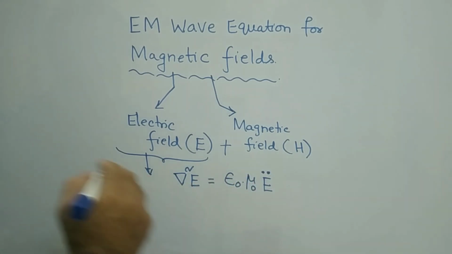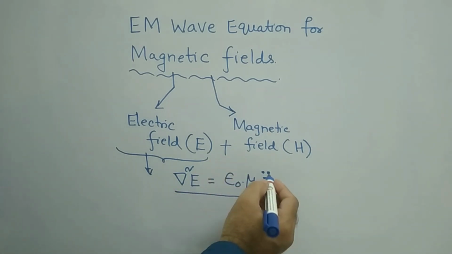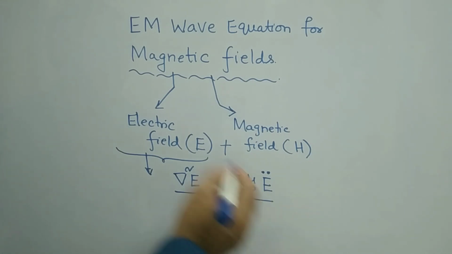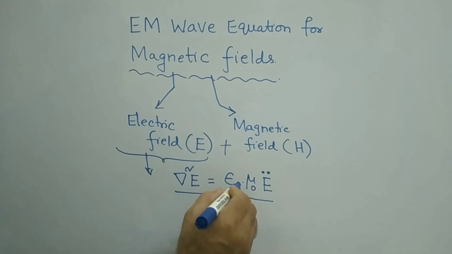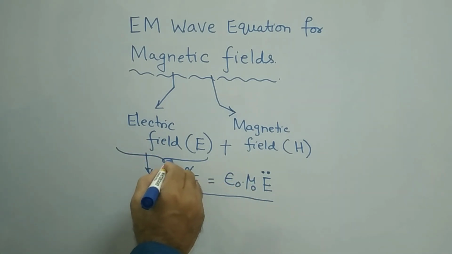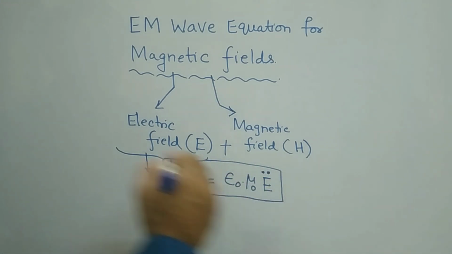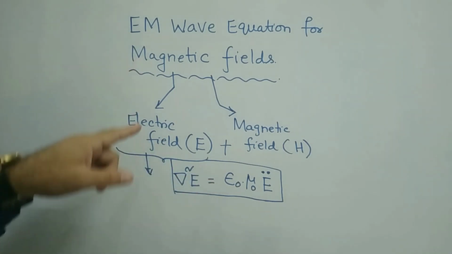Here epsilon naught is the free space permittivity and mu naught is the free space permeability. This equation is called the electromagnetic wave equation for the electric field.